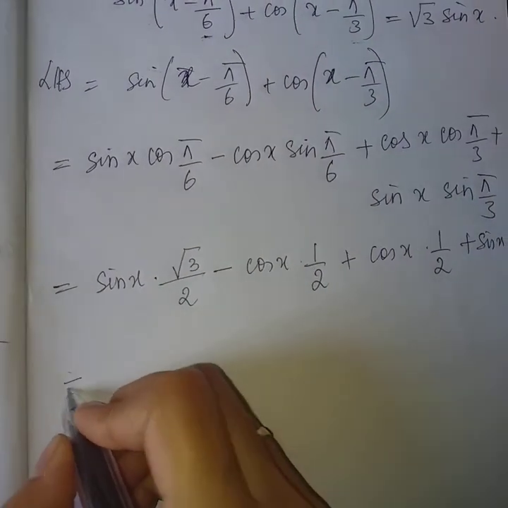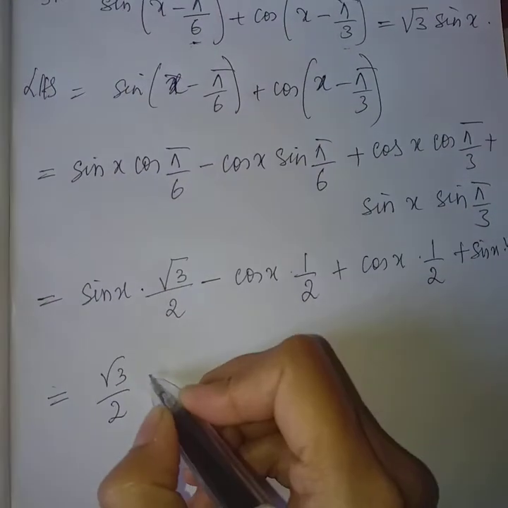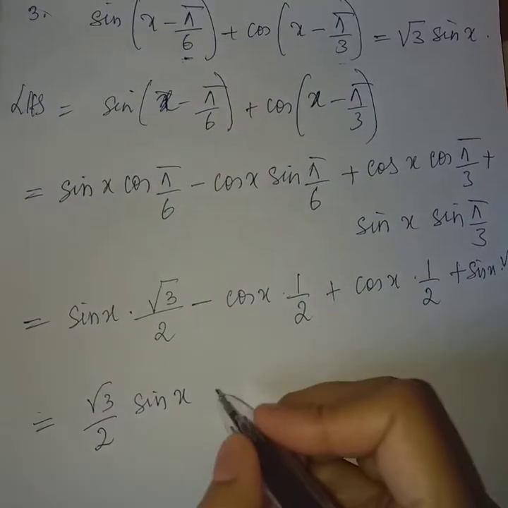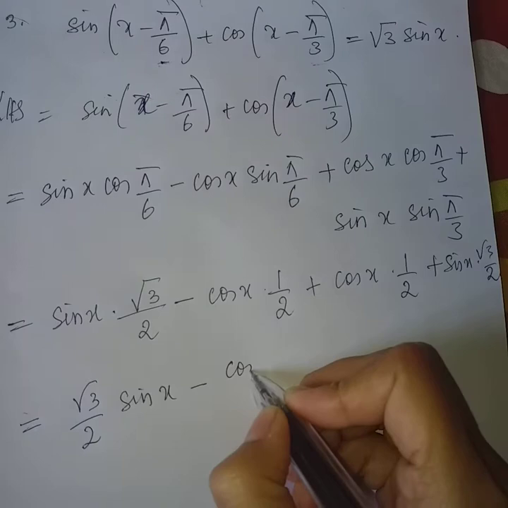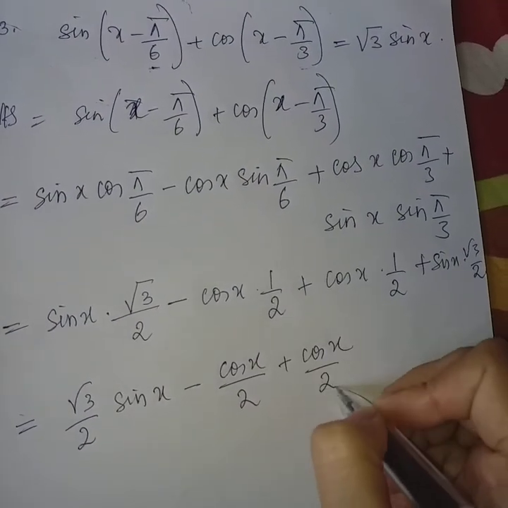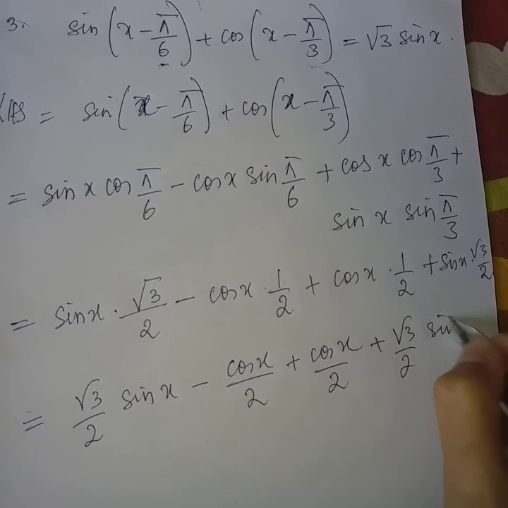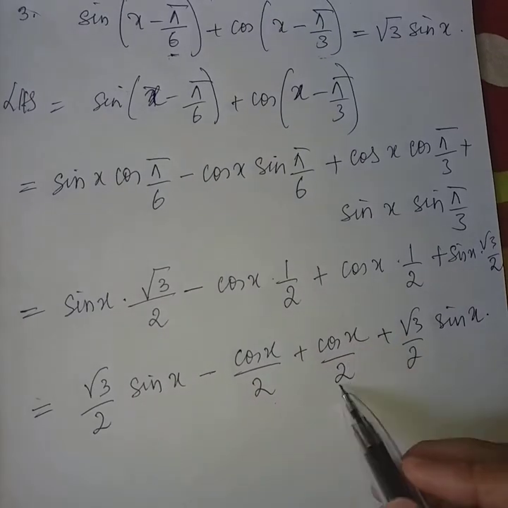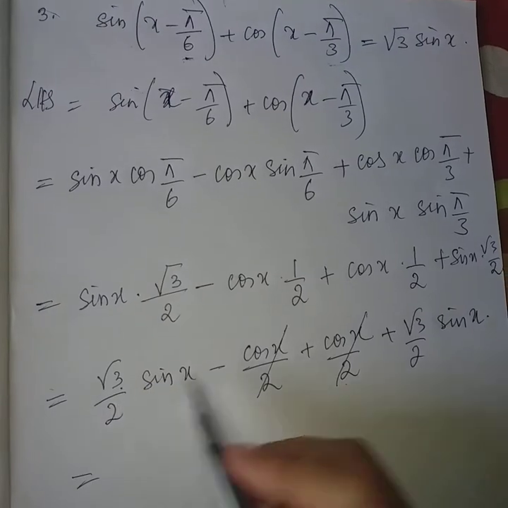So again we have to simplify it further. Root 3 by 2 sine x minus, let us write it nicely, cos x by 2 plus cos x by 2 plus root 3 by 2 sine x. Now we see it is minus cos x by 2 plus cos x by 2. This is 0. And these two are again the same.